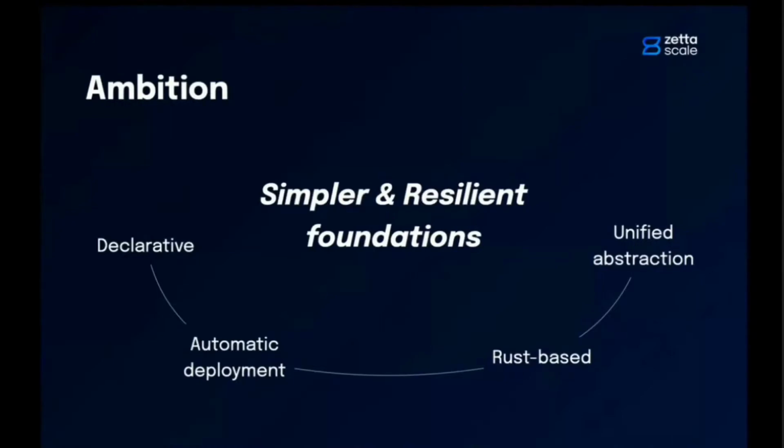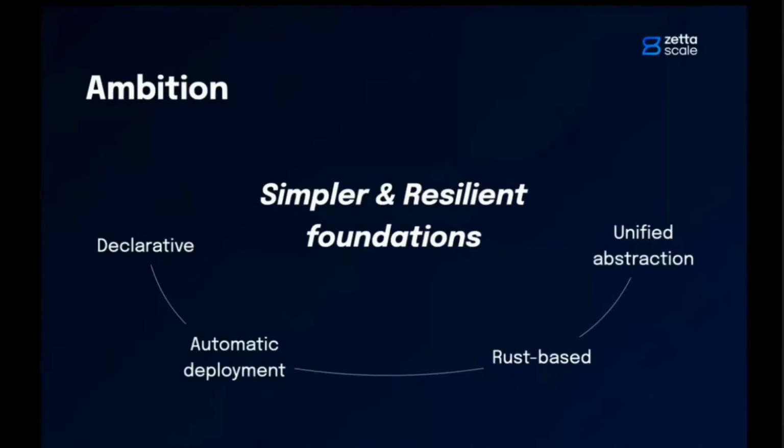With Zenoh Flow, we want it to be declarative, as in you describe in a contract how things are connected. It's automatically deployed, in the sense that we want to provide a Zenoh Flow daemon on your device. You tell us what library to load, we load it for you, and using Zenoh, we create the connections and the topics for you, to avoid, for instance, name collisions on topics.